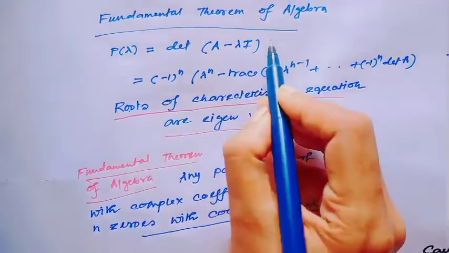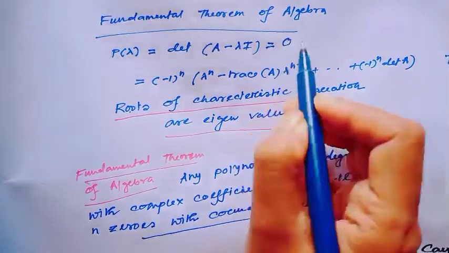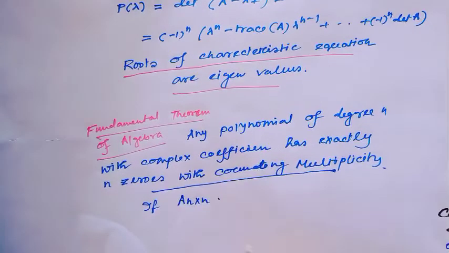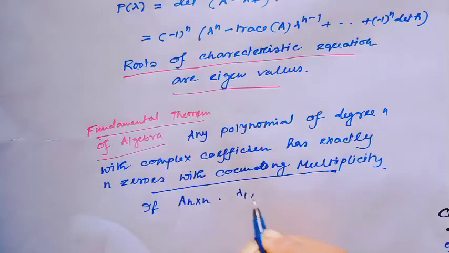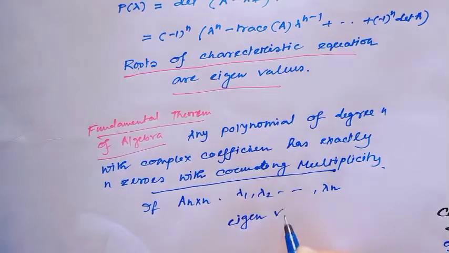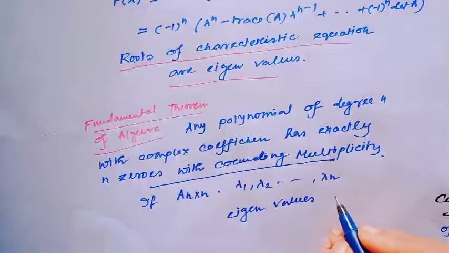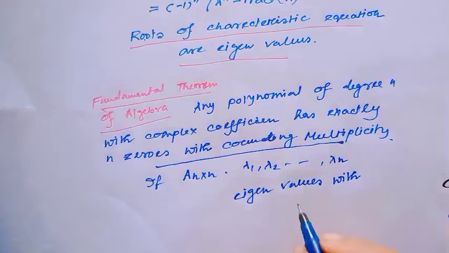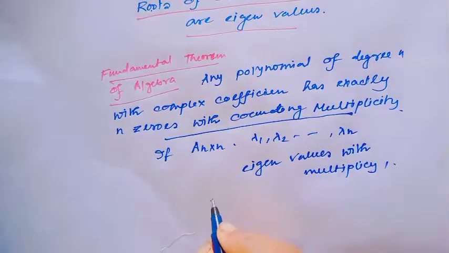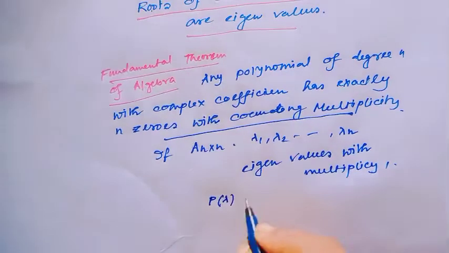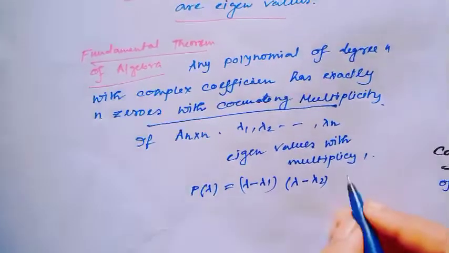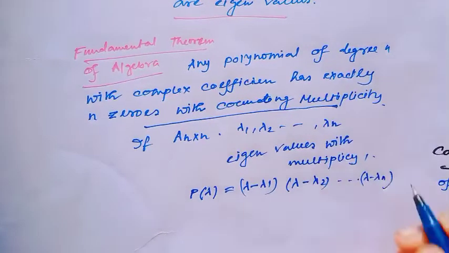Because the characteristic equation is determinant of A minus lambda I, and if for an n cross n matrix there exist lambda 1, lambda 2 up to lambda n eigenvalues, which are roots of this characteristic polynomial with multiplicity 1, then we can write P lambda as lambda minus lambda 1 times lambda minus lambda 2 times lambda minus lambda n. Are you getting?